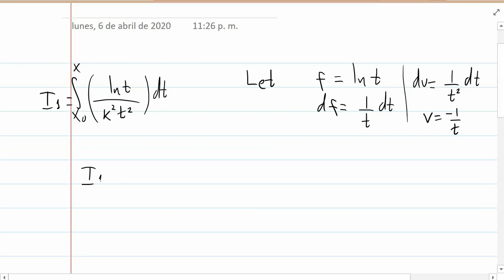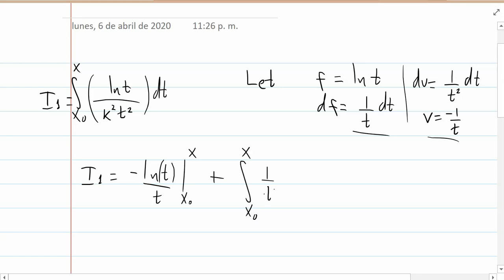So integral 1 is equal to negative natural log of t over t from some x naught to x, minus the integral of the product of those two functions.